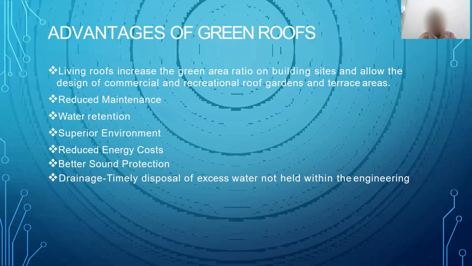Next one is water retention: the continuous supply of water to the roof zone in the absence of irrigation. Rain water is retained and supplied through capillary action. The next one is the superior environment.